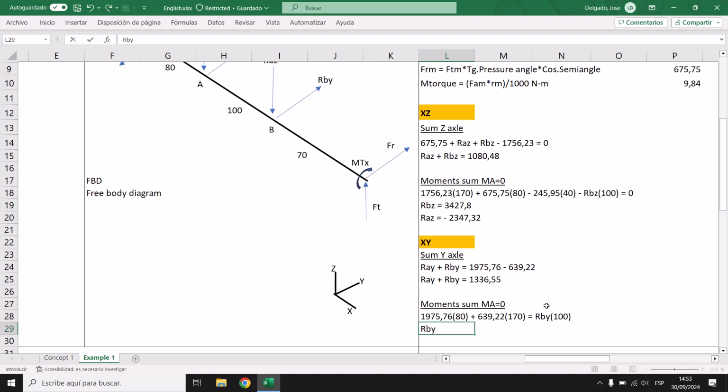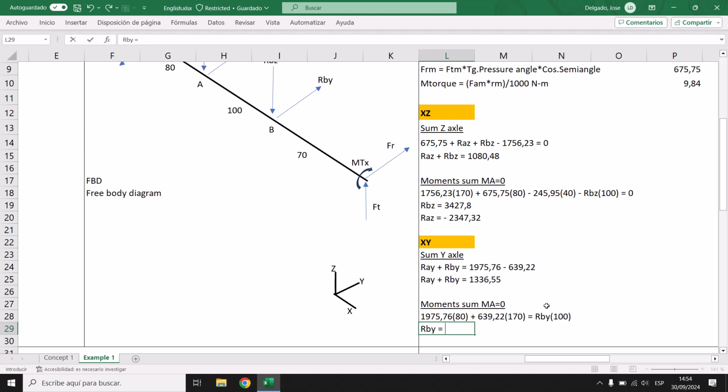For you, it's going to be equal to 1000 here. No, it's the same.